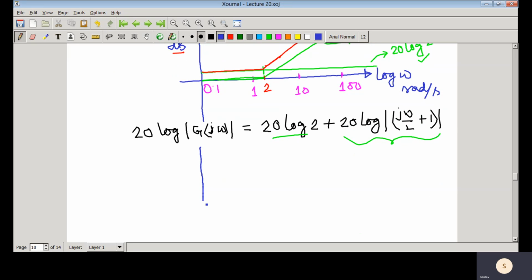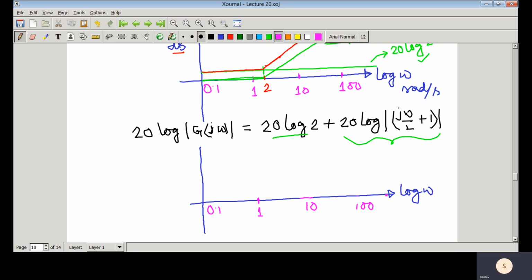So if we draw that phase plot, here we can see again that would be in log scale, log omega. Then those frequencies are 0.1, and here we have 1, then 10, 100, like that.